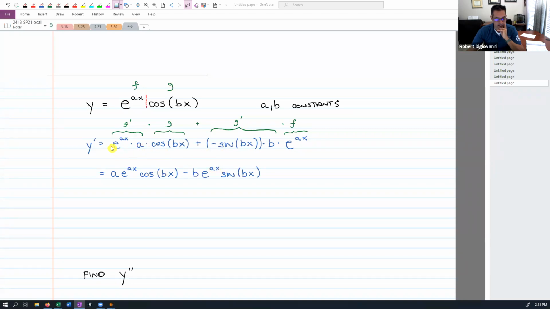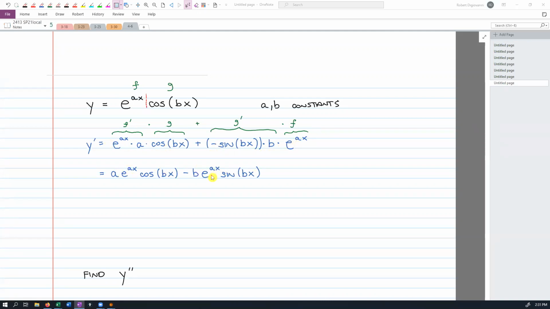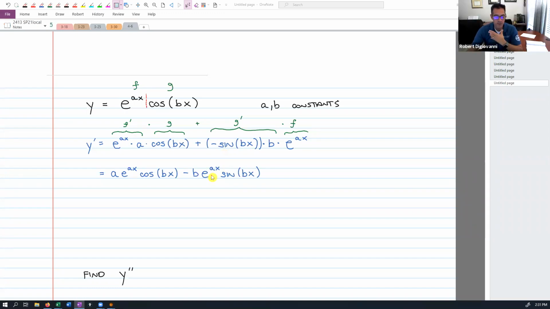Like I brought the a out in front, then I put the e to the ax here, and I brought the cosine bx here, and then over here I brought the b out front with the minus sign, and I brought the e to the ax out front. You see how I did that? I'm cleaning it up because I need to take the derivative again, right? If all I wanted was the first derivative, you'd be fine here. But because we need a second derivative, I'm going to try and clean it up.